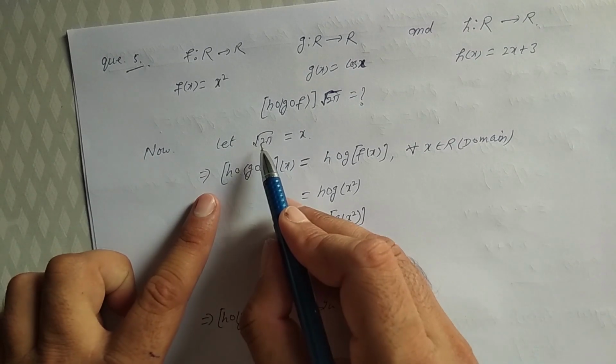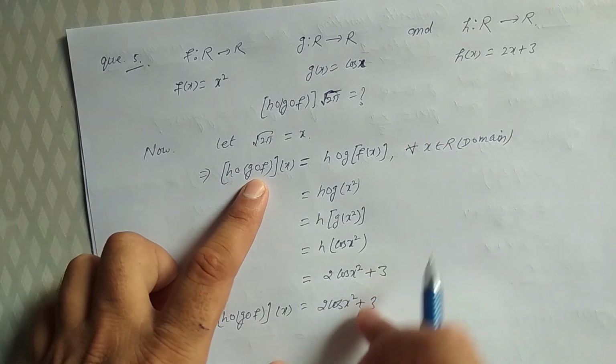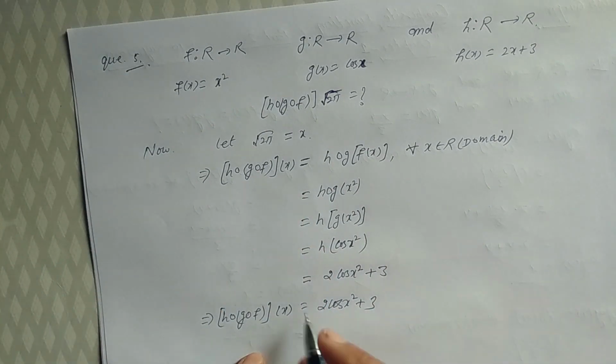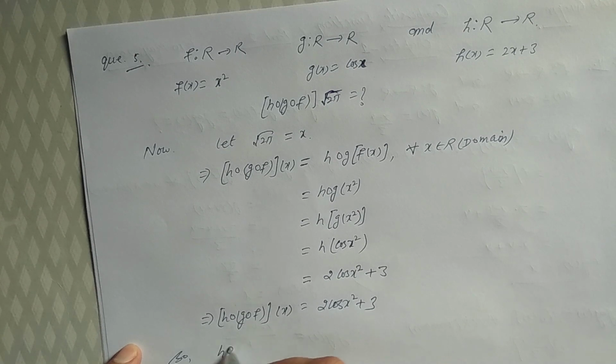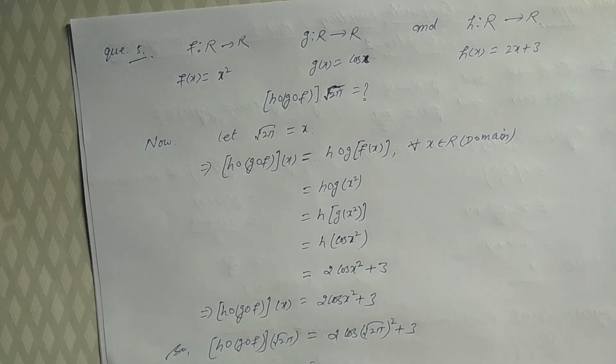But root 2 pi is equal to x. Putting the value x equal to root 2 pi, hogof(root 2 pi) is equal to 2 cos (root 2 pi) whole square plus 3, which is equal to 2 into cos 2 pi plus 3.